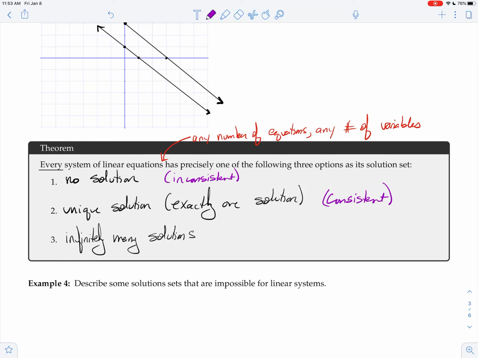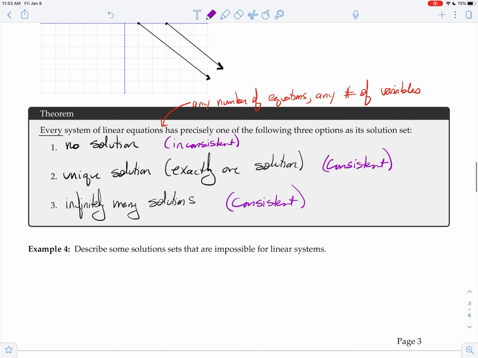And even having infinitely many solutions means you have at least one solution, and so you're still considered consistent. And so really, what we want to think about before we end the video is, what are some kinds of solution sets that can't happen? So why don't you pause the video, think about that for just a second.